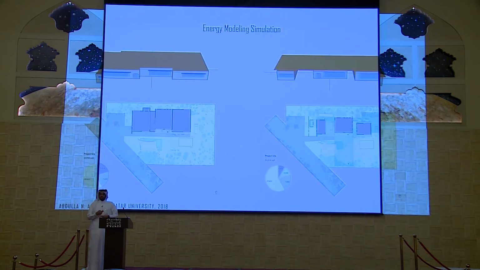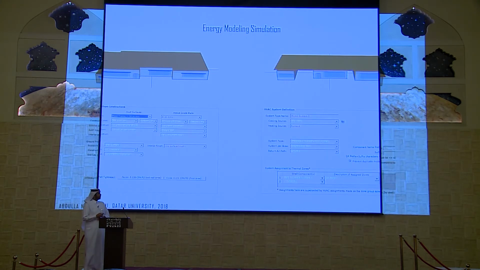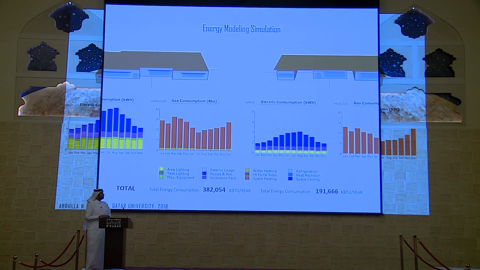And then we take this to verify it in a digital energy simulation, which I used eQuest for. So comparing the two buildings, we set the parameters, run the system, and then this is the data it gives you. You can see about 380,000 kBTU per year versus about 190,000 kBTU per year for the second project.